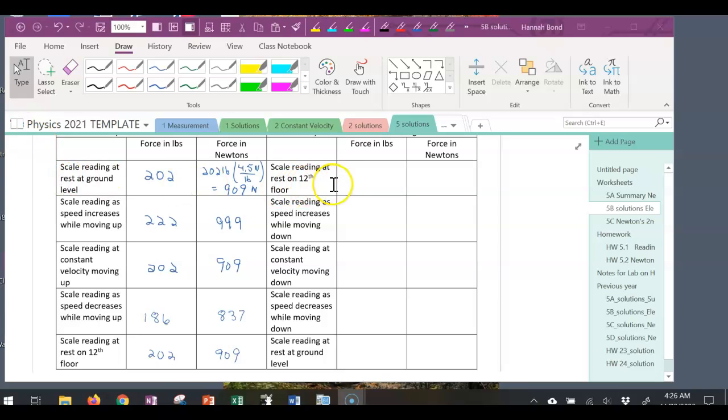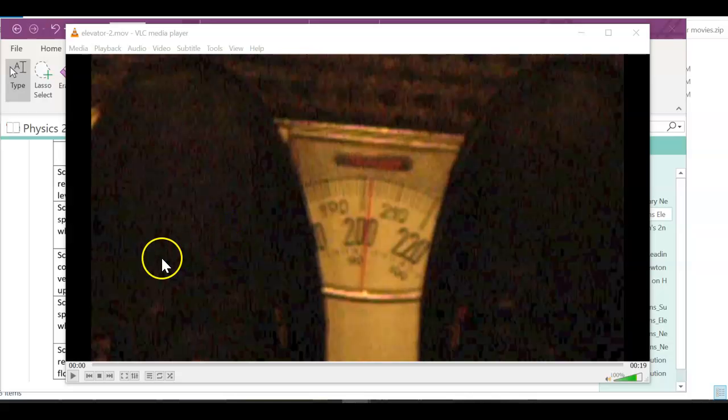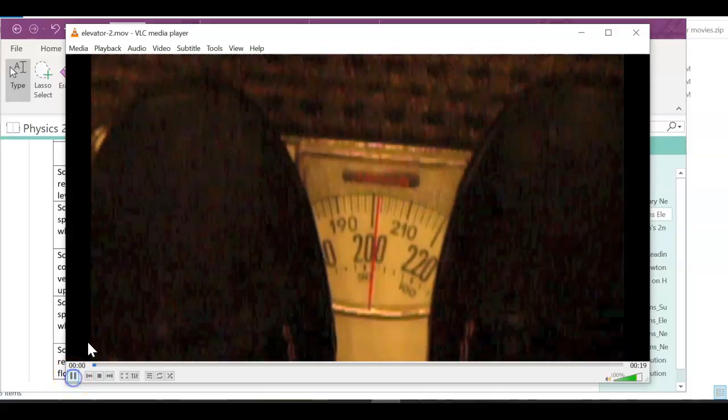Now I'd like to look at his return trip, starting from the 12th floor and going back to the ground. Here he is on the 12th floor at rest in the elevator, and the scale is showing his weight as 202 pounds. He's going to start moving back down to the ground floor.